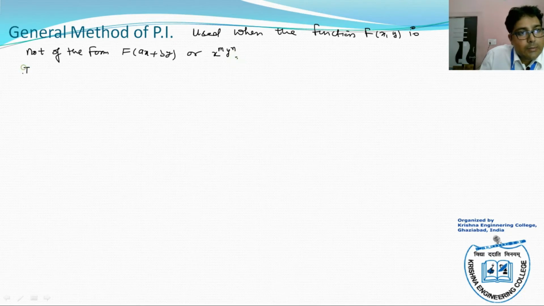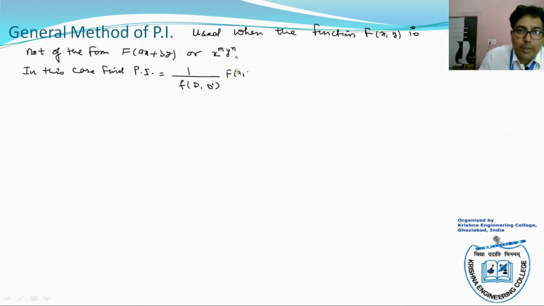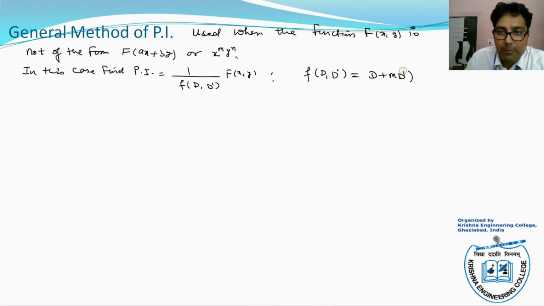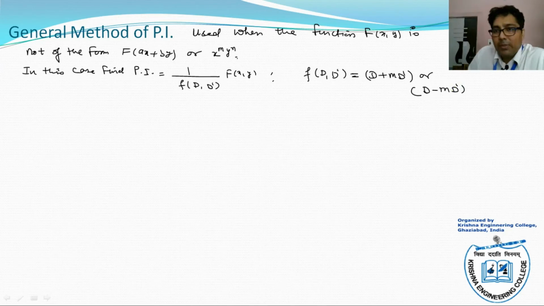In this case find PI as 1 upon F(D, D dash) of f(x, y). Here factorize F(D, D dash) in any one of the forms D plus mD dash or D minus mD dash.